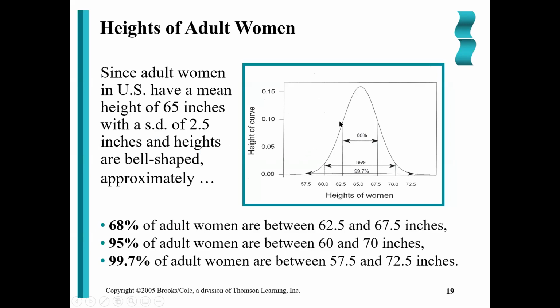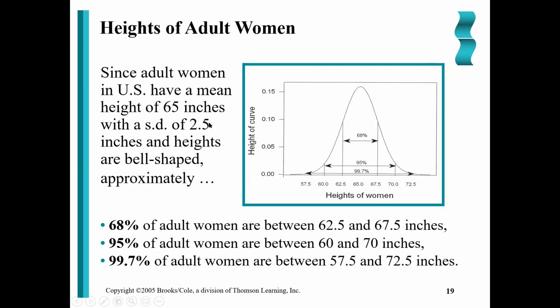So let's look at this example here. Suppose the mean of adult women's heights is 65 inches. Standard deviation is 2.5 inches. And we say heights are approximately bell-shaped, right? So the question is, what percentage is between 62.5 and 67.5 inches? Well, if we add 1 standard deviation to the mean, that's 65 plus 2.5, we get 67.5 right here.